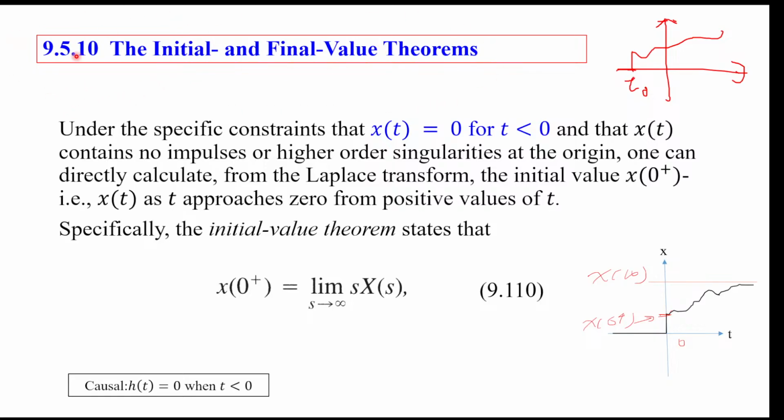So in any of the Fourier analysis, you don't have this initial or final value theorem. So it's quite interesting. This initial and final value theorem is used for a particular situation.